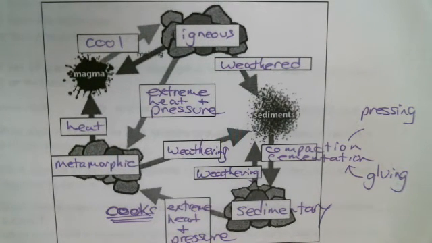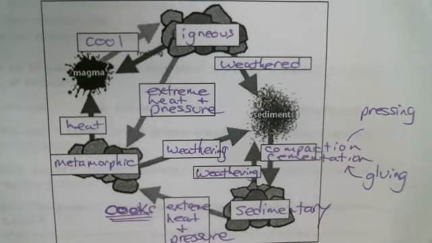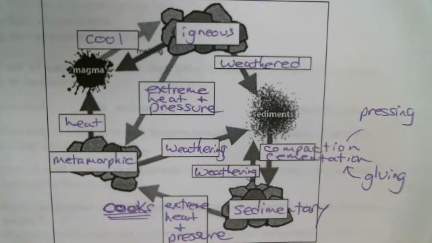So that is a fairly complete rock cycle. Please remember that not all of these things are always seen in nature. Some of these steps in rock cycles are theoretical. They have not been seen, but they are our best guess as to what goes on.